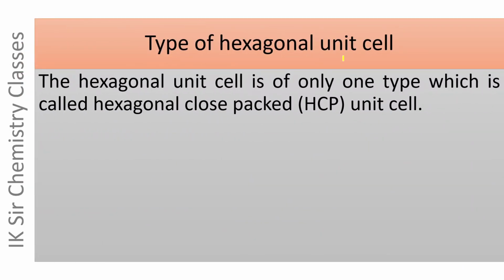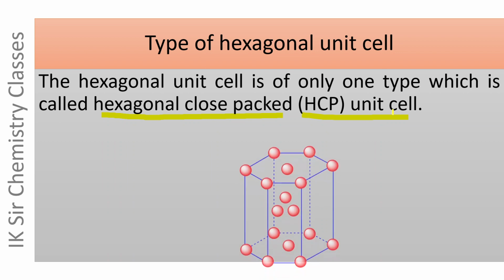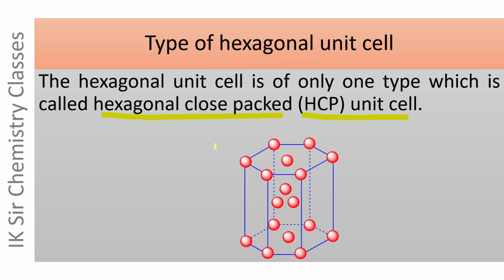Type of hexagonal unit cell. The hexagonal unit cell is of only one type, which is called the hexagonal closed packed HCP unit cell. It has been represented diagrammatically here.